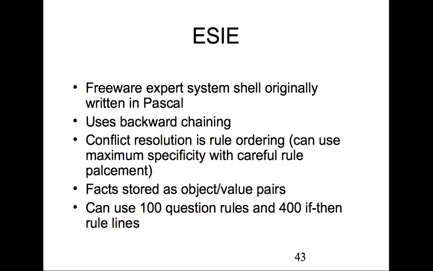There's another software package, a freeware expert system shell written in Pascal called EZI, I think it's called. I don't know if it's still around. Python is used sometimes for this because it uses search strategies. List processing, functional programs, Prolog, logic-based programs, all have a rule-based kind of system to them.